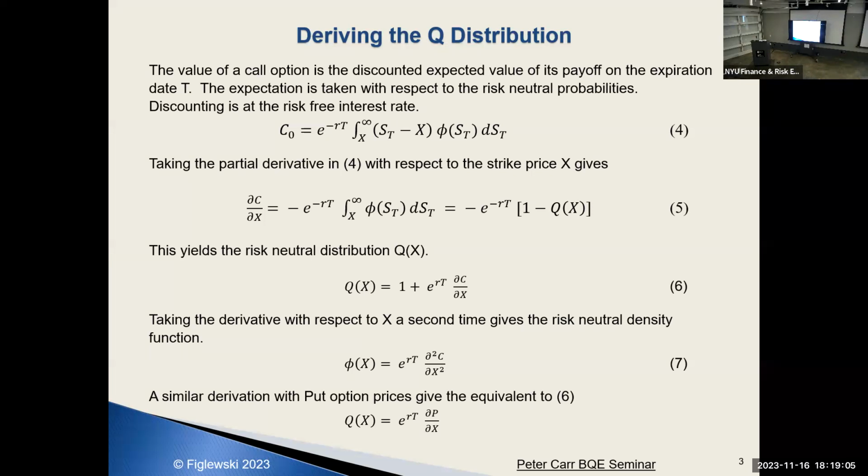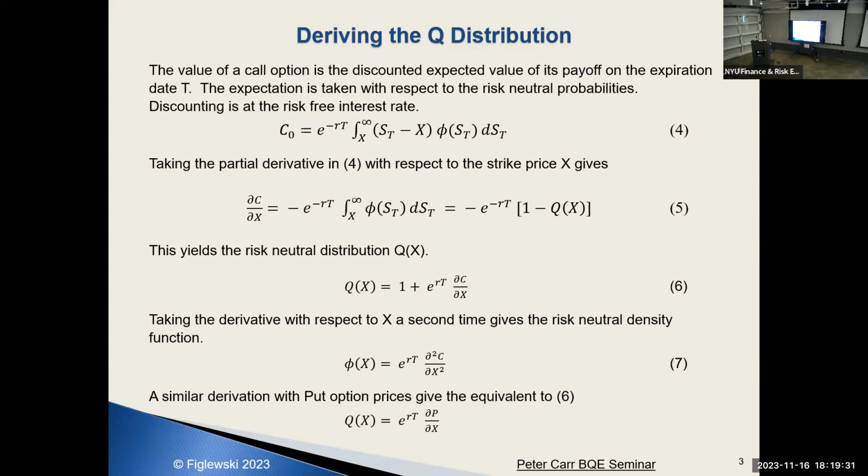We start with the value of a call option with a strike price of X is the present value of its expected payoff. And the expected payoff is how much it's in the money, integrated over the range that it's in the money, times the risk-neutral probability density over the final stock price.